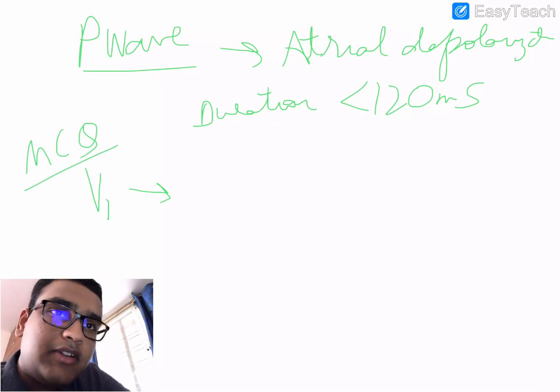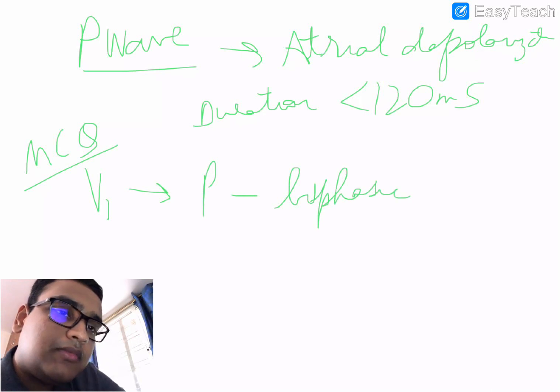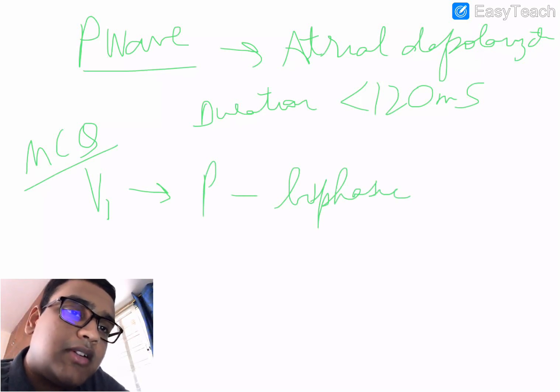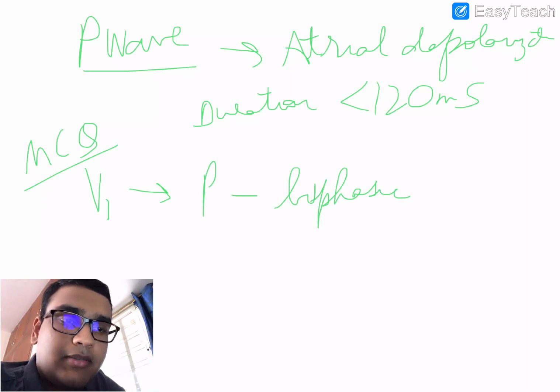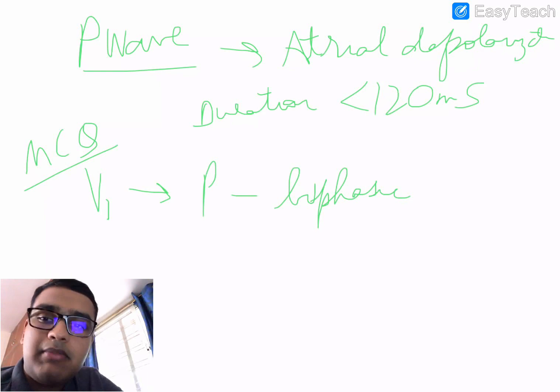In lead V1, the P wave can be biphasic. Why is it biphasic in V1? Because, as I told you during electrical conduction, for the cardiac impulse to get transmitted from the SA node to the left atrium, it goes via the Bachmann bundle.